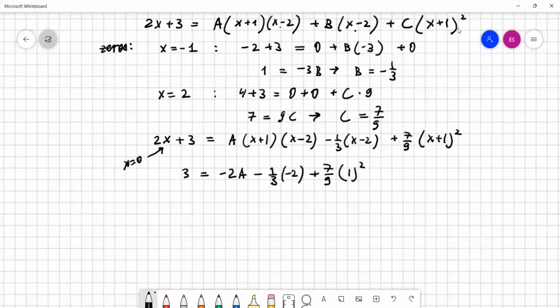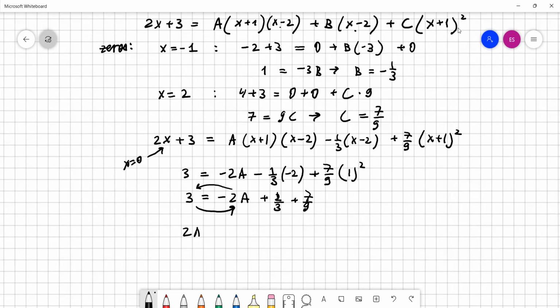Well, now I just have an equation with one variable a, and you can easily find it. So I have 3 minus 2a, and I'll need to combine these numbers. So it's plus 2 over 3, plus 7 over 9. Okay, so I'm going to bring all numbers to the right side and all variables to the left. So I'm moving this one here and this one here.